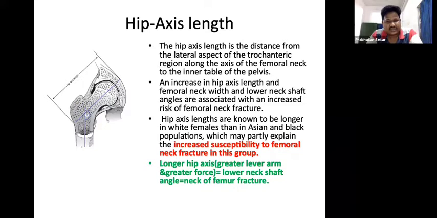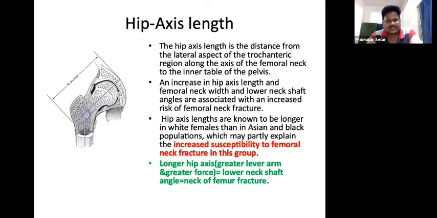Hip axis length is the distance from the lateral aspect of the trochanteric region, along the axis of the femoral neck, to the inner table of the pelvis. An increase in hip axis length, as well as a wider femoral neck and lower neck shaft angle, is associated with increased risk of femoral neck fractures.